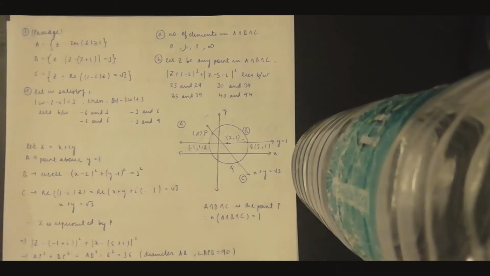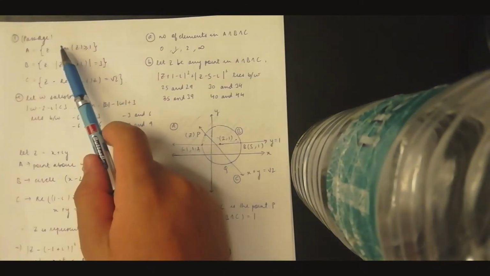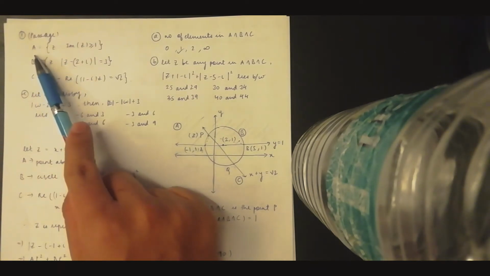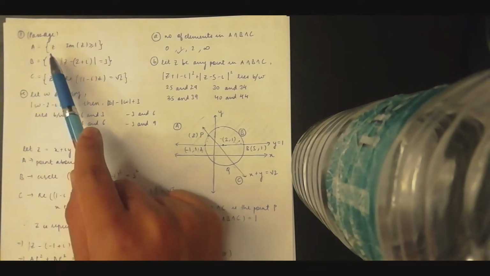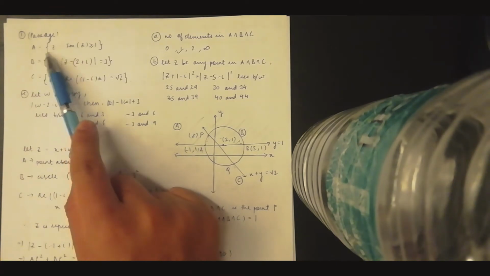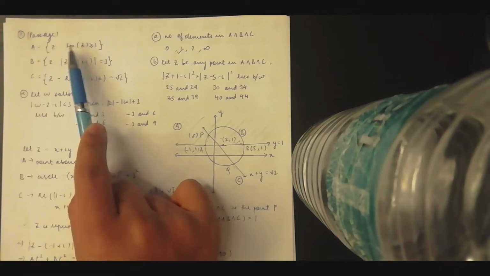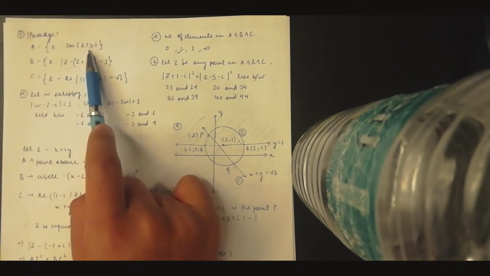This is Mathematics Chapter 2, Complex Numbers. Our first question is a passage question which says we have three sets A, B and C. Set A is Z such that the imaginary part of Z is greater than 1.